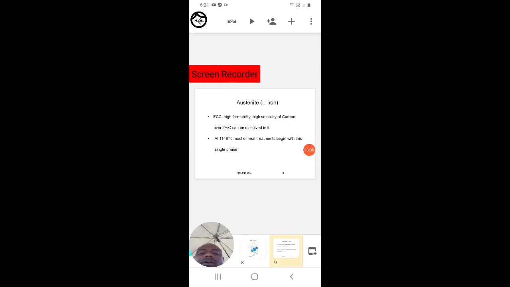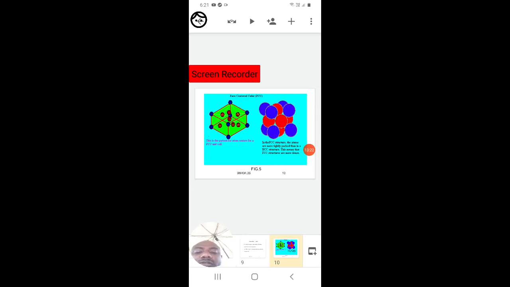It forms at 1148 degrees centigrade. Most heat treatment begins with this single phase, the austenite. In this most stable form of austenite, the structure is FCC, face centered cubic.